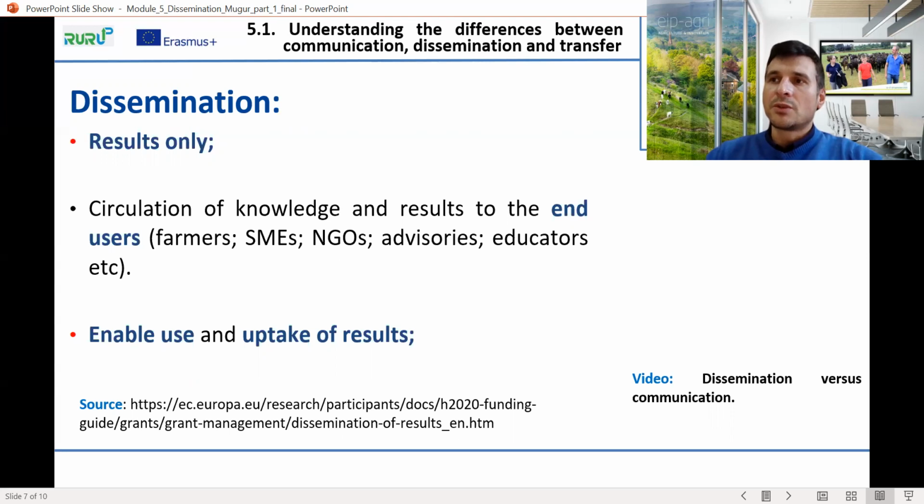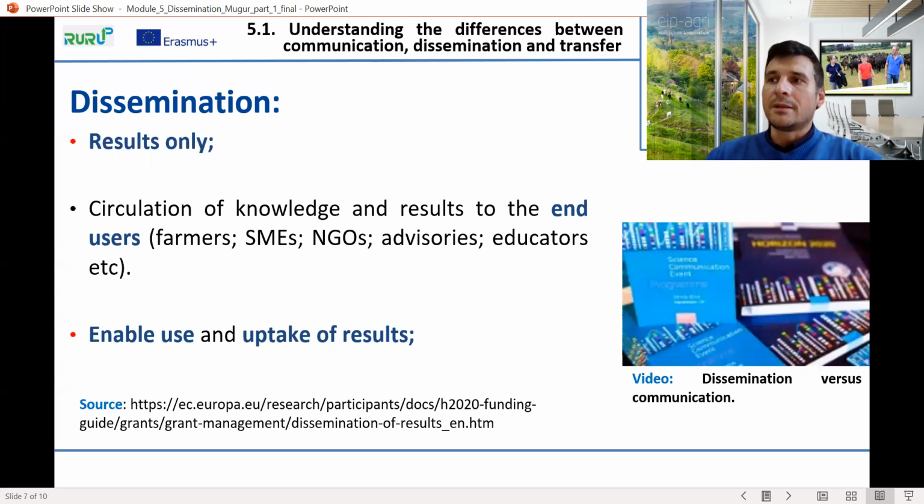Dissemination activities should use channels that are used by the end users and in which they trust. The most effective are peer-to-peer learning, on-farm demonstration, or the use of advisors or other innovation catalysts. As you must remember, information should be presented in a language easy to be understood by end users. So, no scientific approach, to be efficient. Find out more about the differences between dissemination and communication by watching the videos suggested in our online repository.